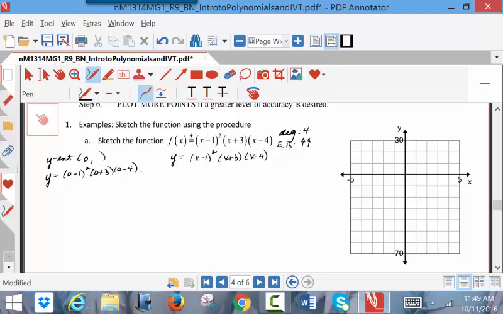The only challenge here is all these exponents come in because of multiplicity. So negative 1 squared is a positive 1, times 3, times negative 4. So this becomes a negative 12. Your y-intercept is the point (0, negative 12).